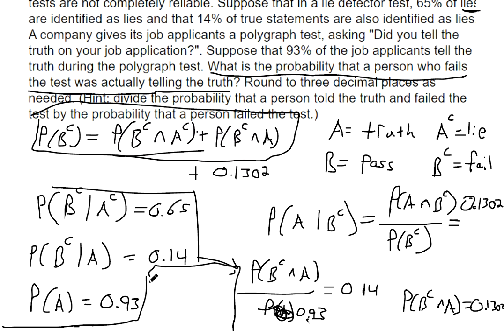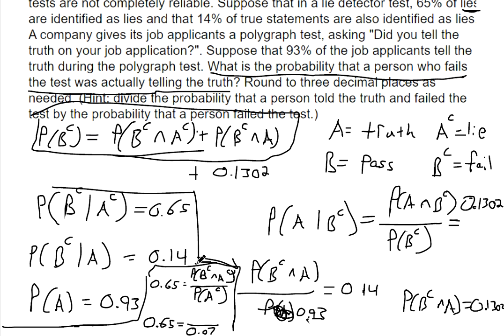The probability of B complement and A complement, that's 0.65. That should equal the intersection of the two, B complement and A complement, divided by the probability of A complement. So we know what this is, because if the probability of telling the truth is 0.93, then the probability of A complement, in other words the probability of lying, is 0.07.